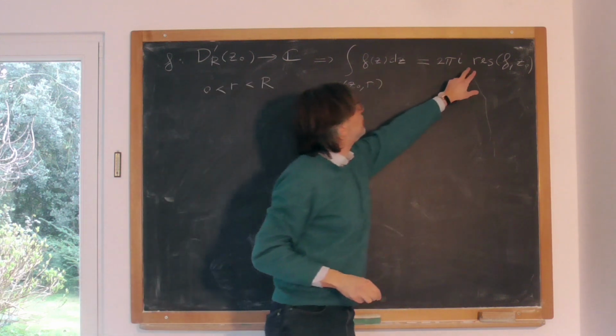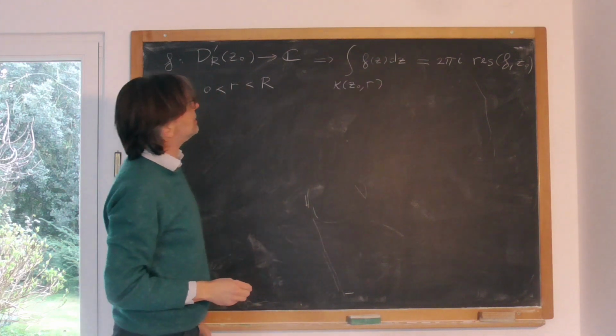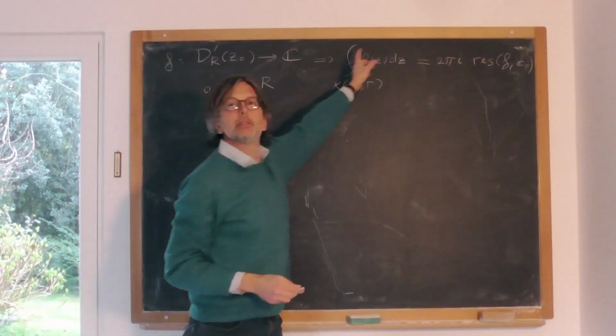Right? Because the residue of f at z naught was 1 over 2 pi times the integral. So we have this identity.